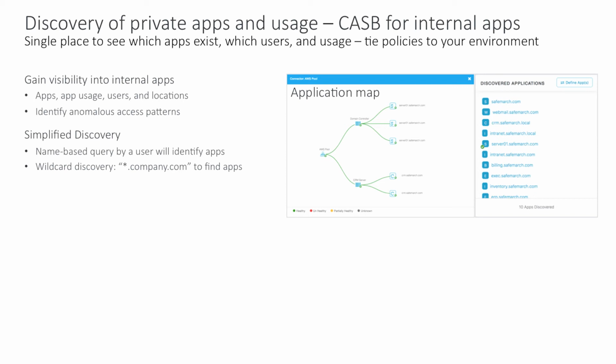And we show that on our reporting UI in a very graphical manner, where we not only tell you that we discovered a specific application, we also see how many application servers are running inside and how they are clustered inside your organization. And we can then identify any anomalous pattern.